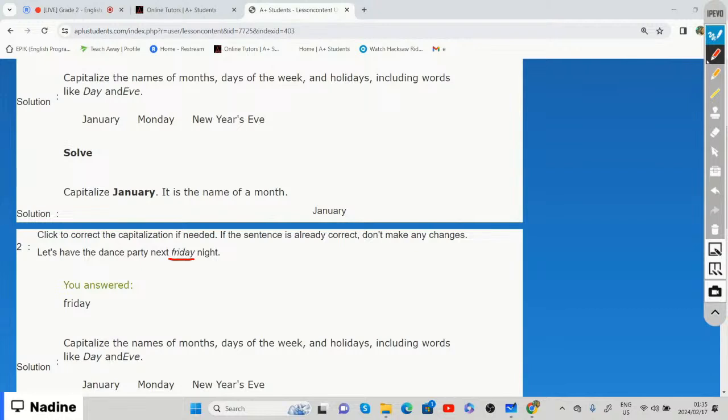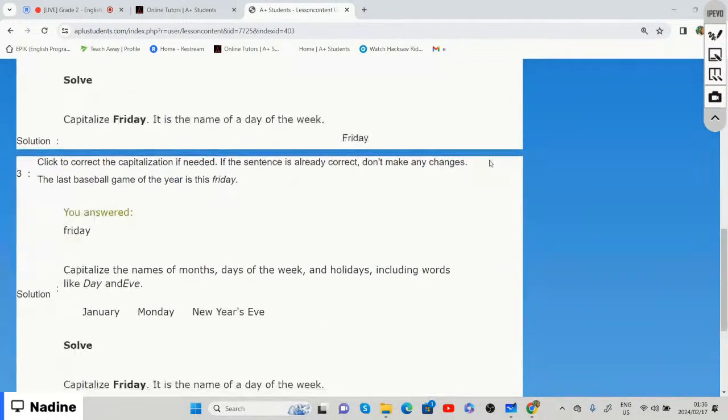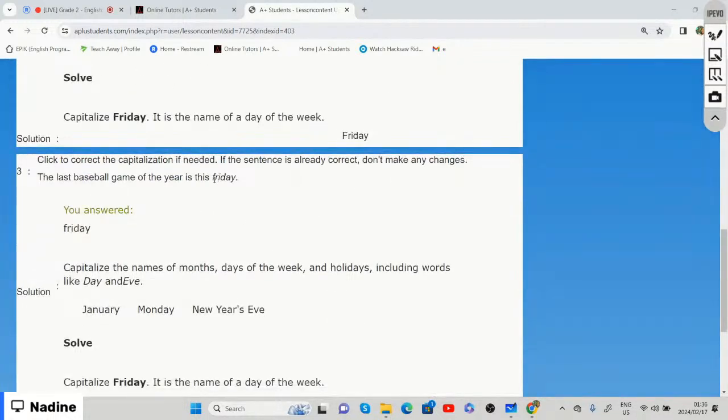If we look at the word Friday, remember we said that days of the week also need to be capitalized, which means that we write Friday with a capital letter. Right? So Friday is a day of the week. January is a month of the year, and we need to capitalize it. And we capitalized Friday already.